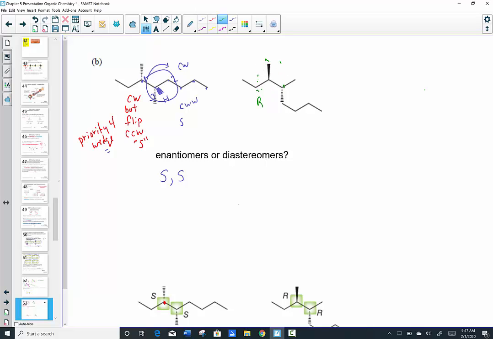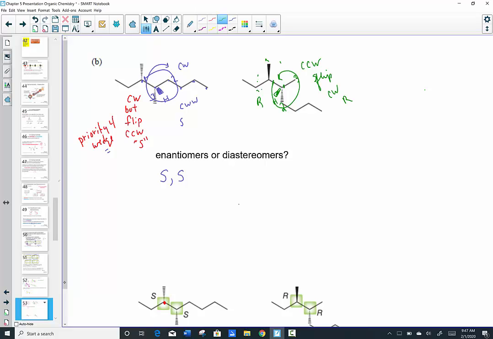And when I think about priorities, the carbon that's attached to more carbon is top priority, then 2, then 3. Remembering not shown, but coming out here would be the hydrogen as a wedge. So when I connect my numbers, I see a counterclockwise spin, but since hydrogen's the wedge, I have to flip my answer, and this becomes clockwise, R.